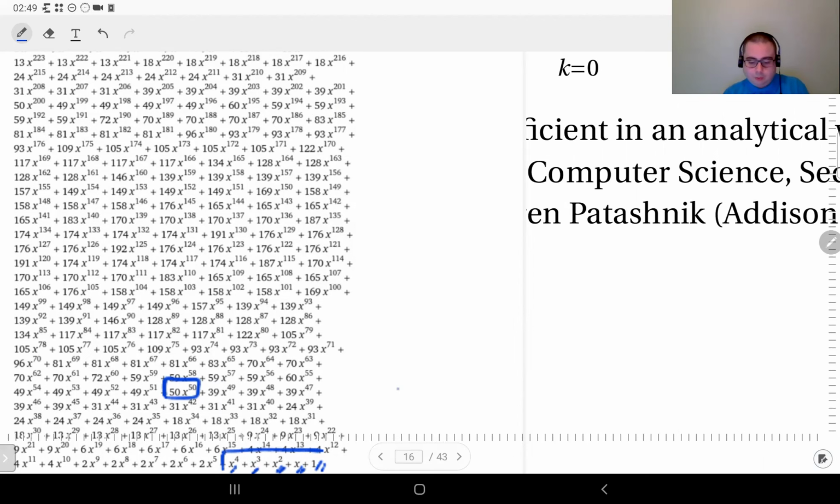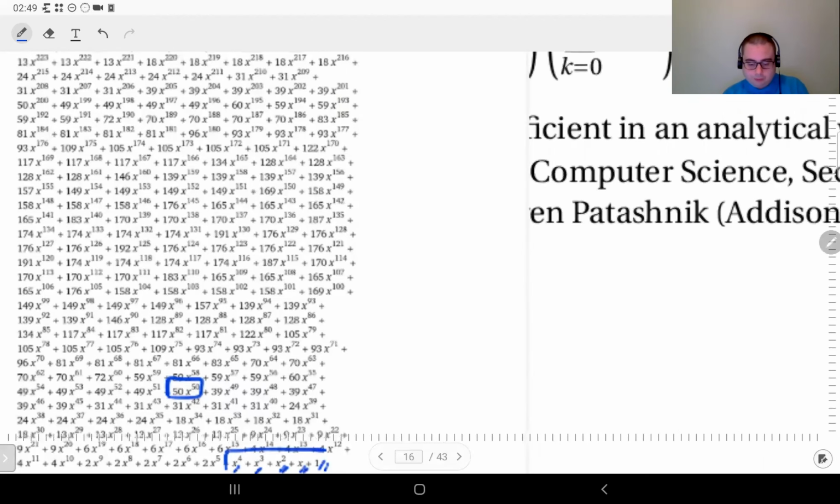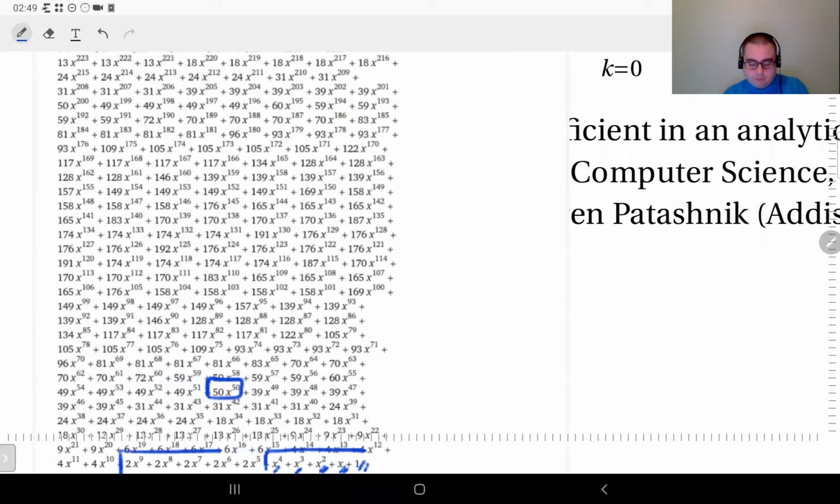Now, when you exceed 4, up to this point, you get 2x to power 5, 2x to power 6, 2x to power 7, 2x to power 8, 2x to power 9. Again, the number of ways to construct 5, 6, 7, 8, 9 are equal to each other.